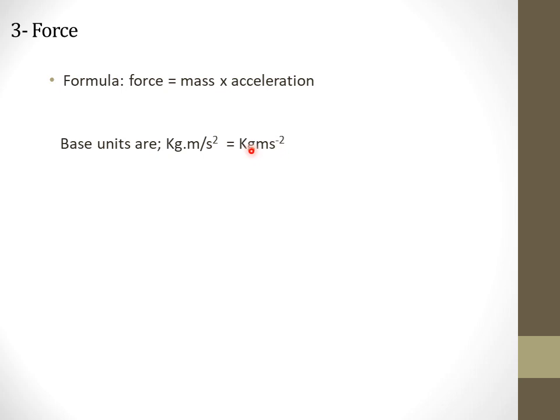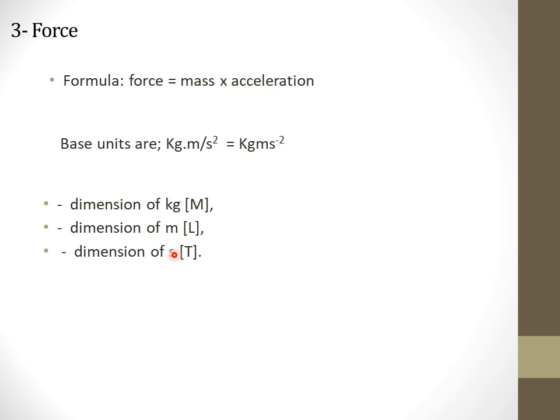We said we're going to use the dimension of the physical quantity. Kilogram is the SI unit of mass, and the dimension of mass is M. Meter is the SI unit of length. What is the dimension of length? L. Second is the SI unit of time. What is the dimension of time? T. Remember, I said most of the base quantities have the first letter as the dimension.